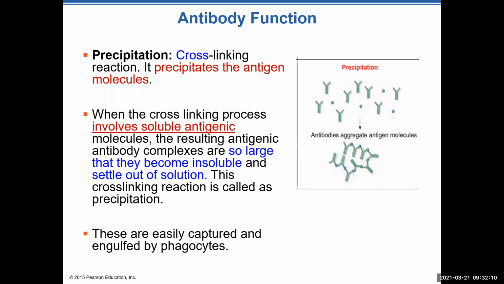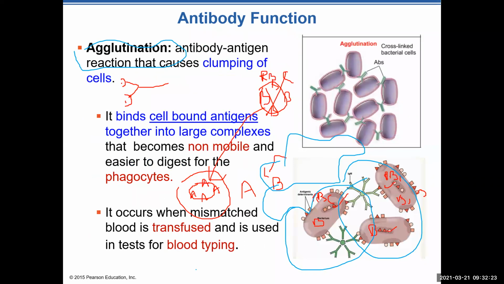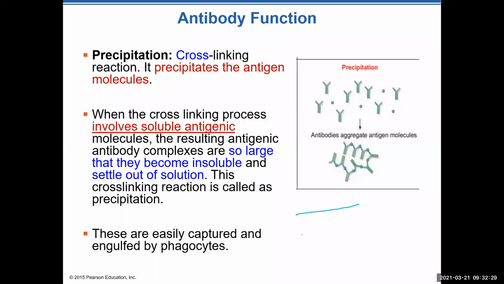Then we have precipitation. Precipitation is similar to agglutination. The only difference here is that antibodies are cross-linking the soluble antigens, not the whole RBCs as you saw here. Here, the whole RBCs were clumped. But here, for example, if this is blood and it has soluble antigens here, antibodies will come and start clumping them together.